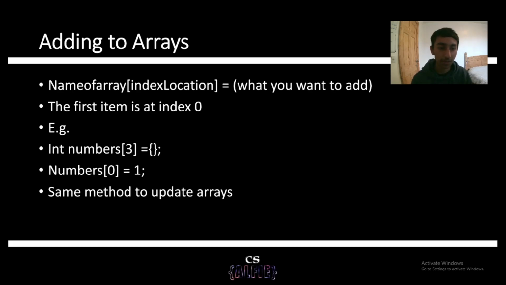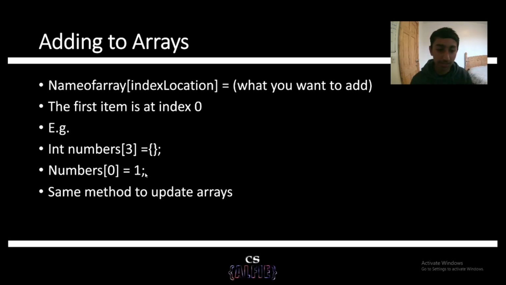So for example, int numbers 3, that is the declaration of the array. Then numbers followed by 0 in square brackets equals 1. This will mean that the value at position 0 of the array numbers will equal 1.